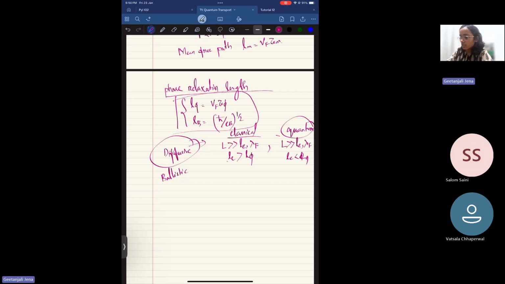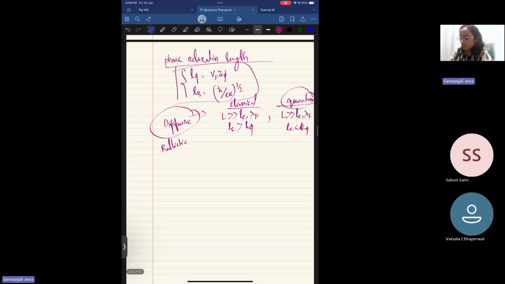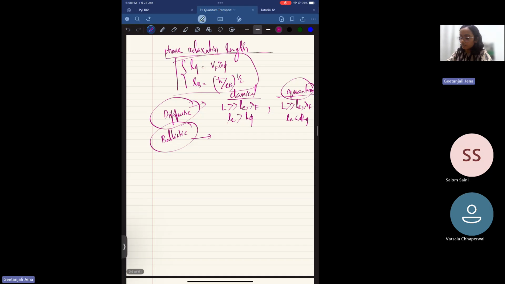So I'm just going through it in brief so that you can recall the definitions before going to solving the problems. So ballistic: the Fermi wavelength is less than the device dimension, which is also less than the elastic mean free path and the phase relaxation length.